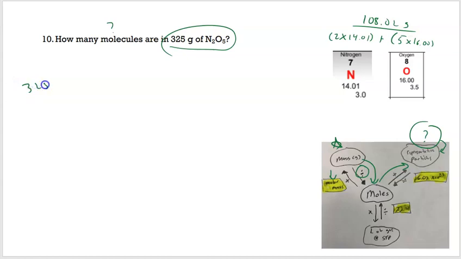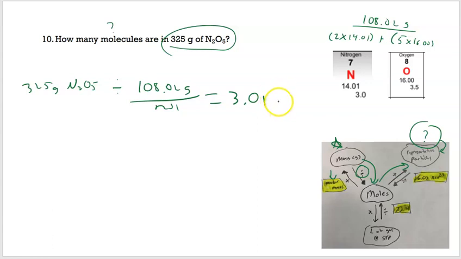So 325 grams N2O5 divided by 108.02 grams per mole. 325 divided by 108.02, I'm going to get 3.01 moles of N2O5.